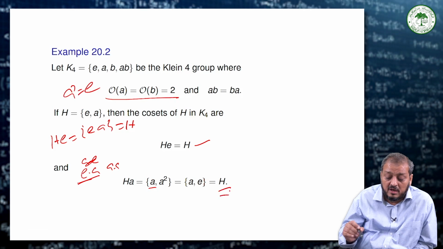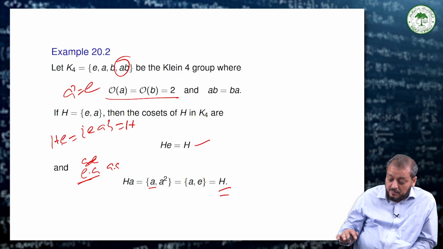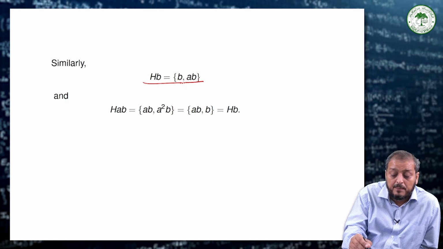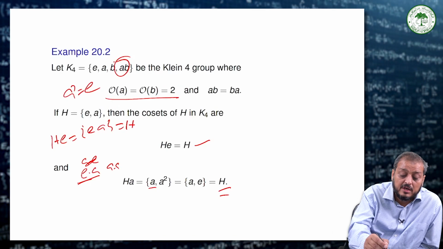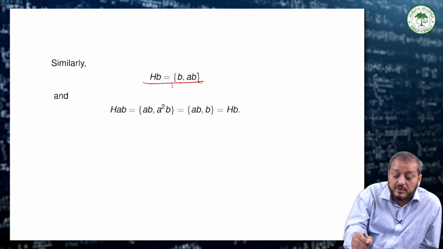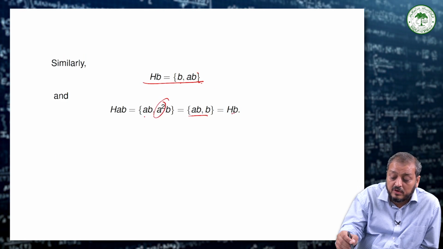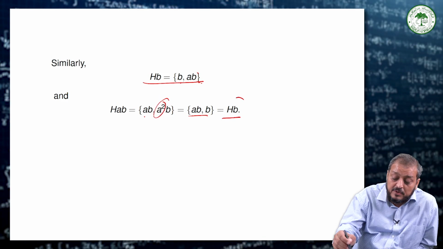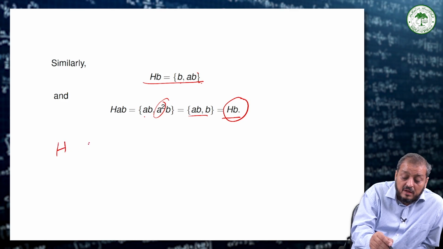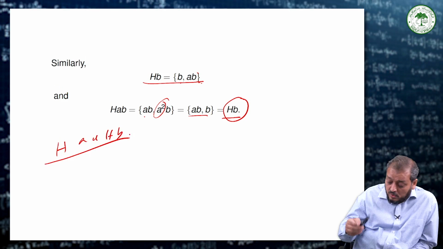So this is again H. Then we calculate HB: B times AB gives another element, B, and HAB can be written as AB and A squared B, where A squared is the identity, and AB times B is AB. So H and HB are the two distinct cosets.